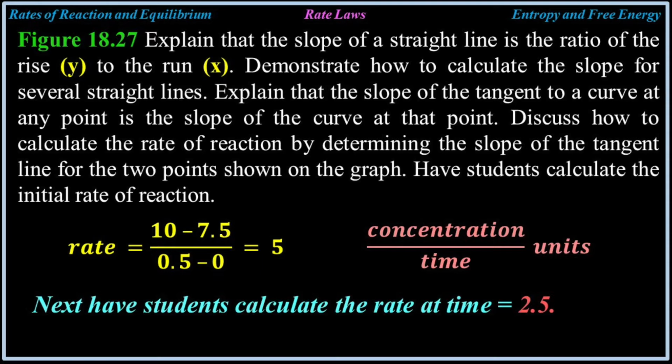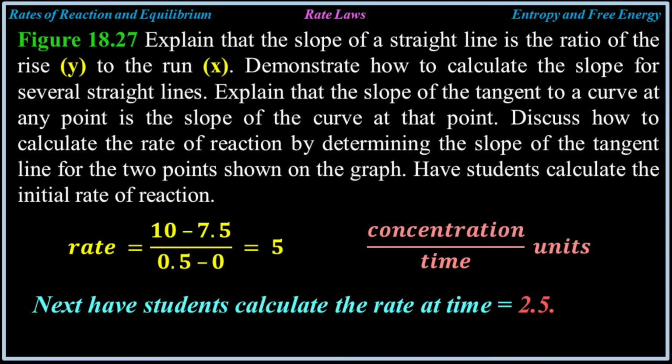Discuss how to calculate the rate of reaction by determining the slope of the tangent line for the two points shown on the graph. Have students calculate the initial rate of reaction. Next, have students calculate the rate at time equals 2.5.